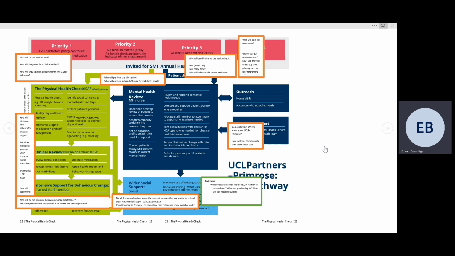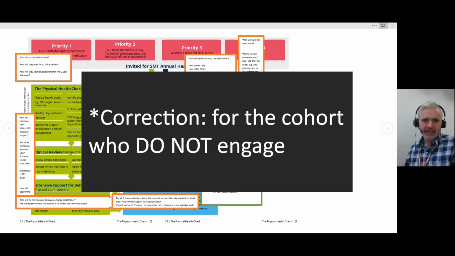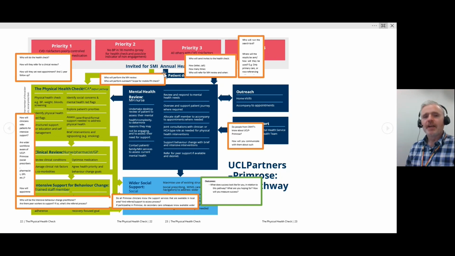How many times? How many goes are you going to have at inviting someone before you determine that they're not engaging? For the cohort who engage, you then need to decide who does the mental health review and indeed who performs the outreach. Is there scope for going to people's homes, for example? We then need to look at who does the health checks. Now, often this is a part of your offer that already exists.